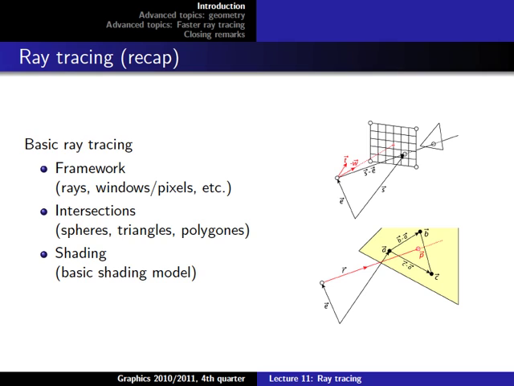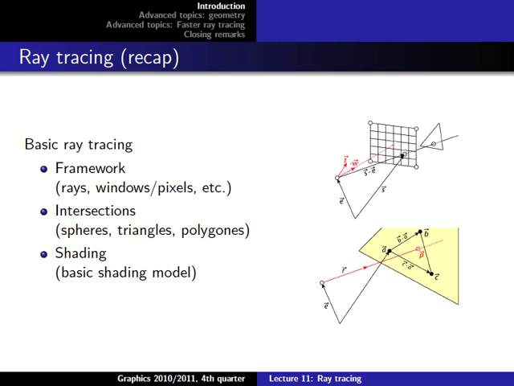Then we talked about how we can create those rays and how we can calculate intersections between the rays and objects. Most of it was just repetition of stuff that we have done before, because we talked about intersections before, of course, but there were some new things like the representation with a matrix and linear equation system form for the triangles, for example.